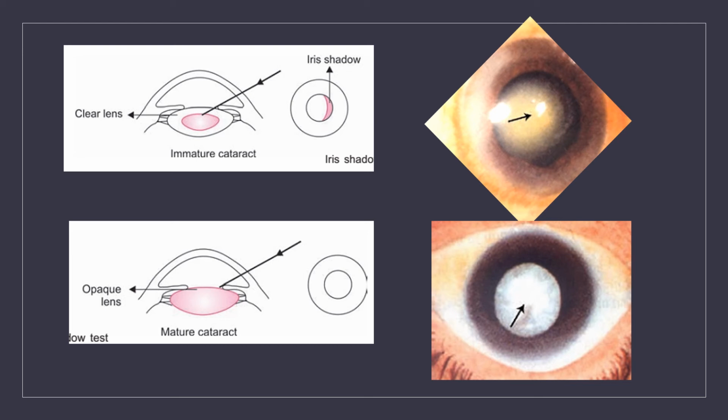And if the cataract is mature, then the iris cannot form a shadow, as the cataract is in opposition with the iris. So there is no iris shadow in mature cataract.